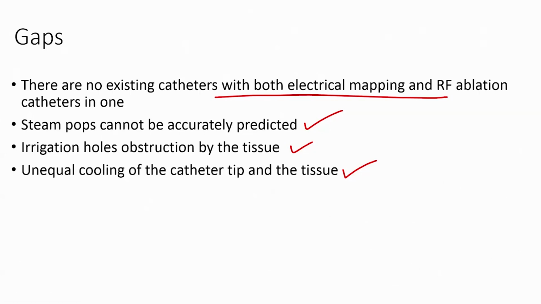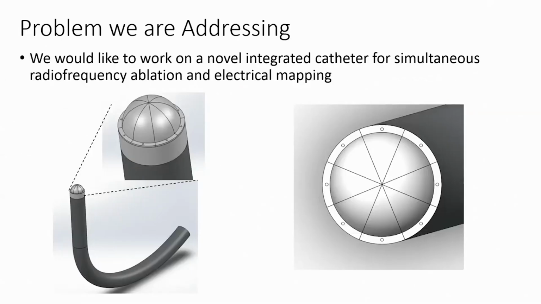Right. First is our catheter should work not only as an electrical mapping catheter but also as an ablation catheter, that is the first choice. That means if I have a catheter that can perform radio frequency ablation and electrical mapping both together, then it is a uniqueness.